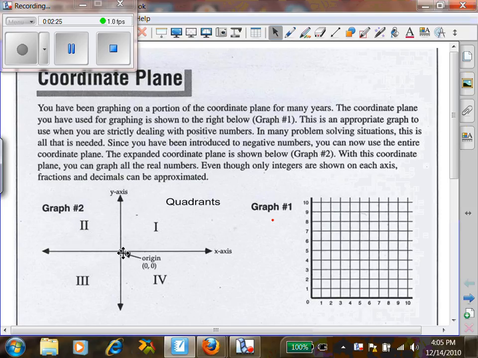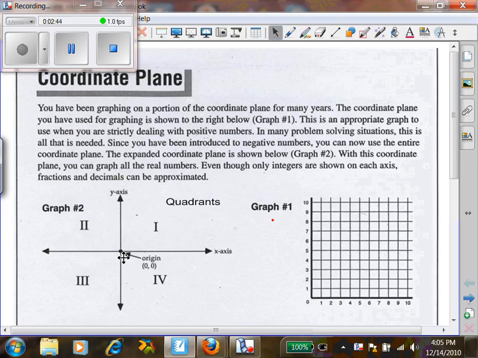Quadrant 3, you're going left and you're going down, so both will be negative. And quadrant 4, you have positive numbers to the right and then negative numbers down. So those are your quadrant 4 values, where the x value is positive and the y value is negative.